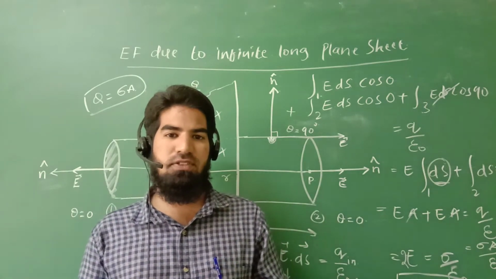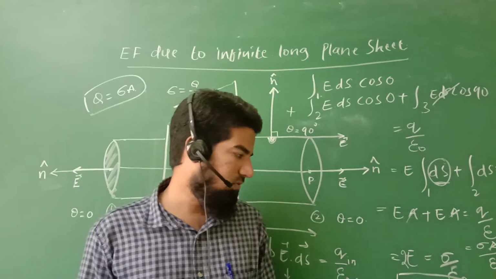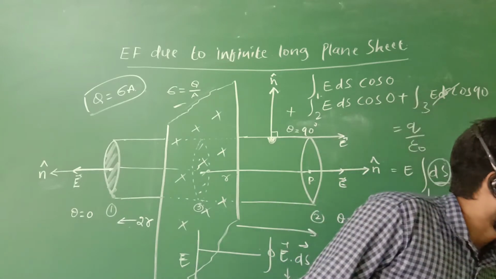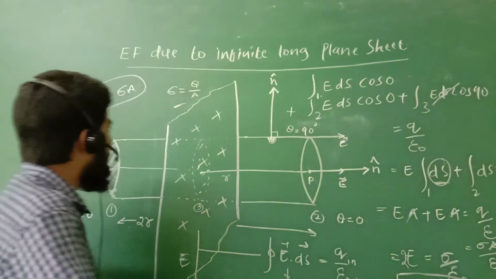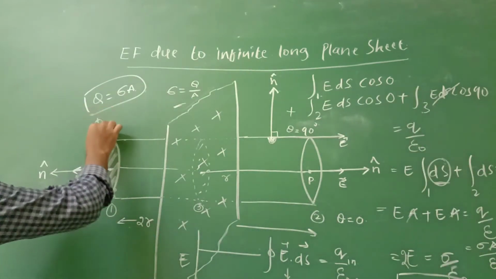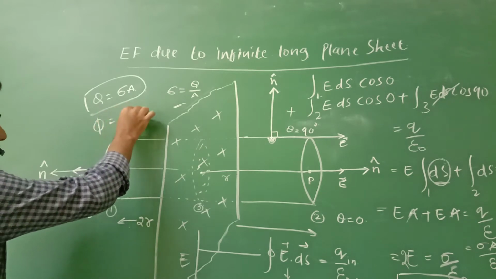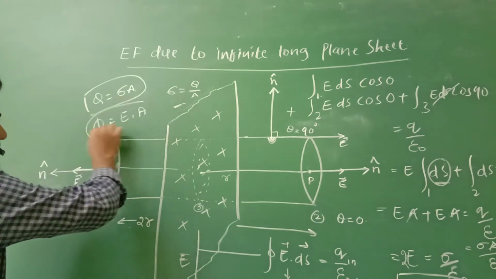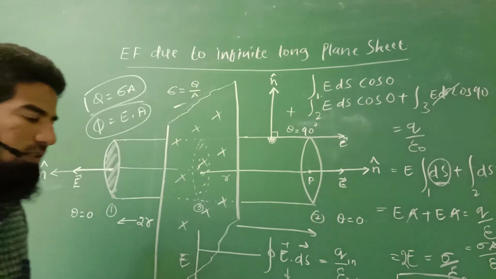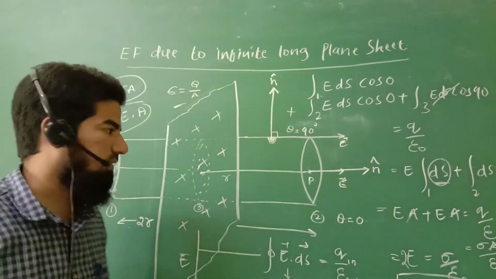This electric flux can be calculated by using the formula psi is equal to E dot A. So this is the formula for calculating the electric flux.